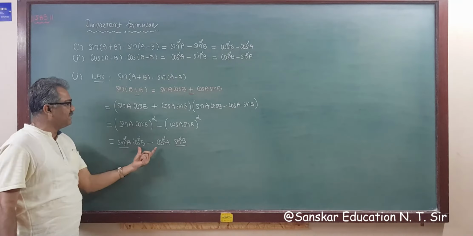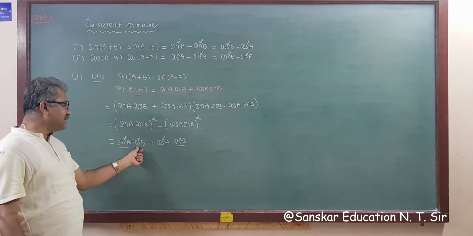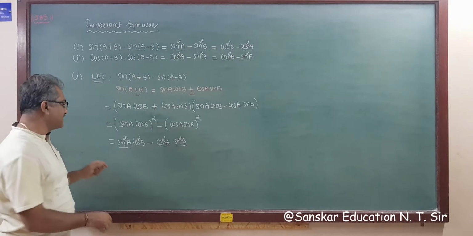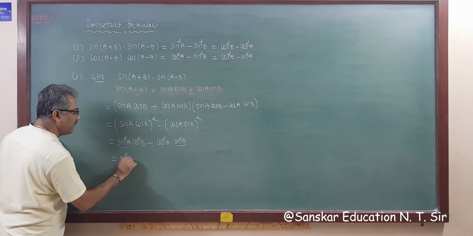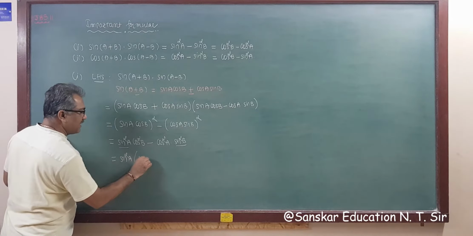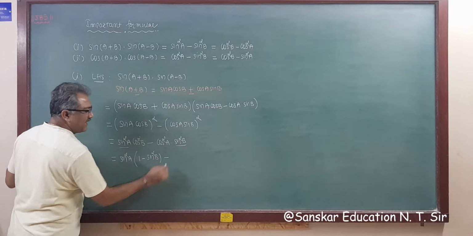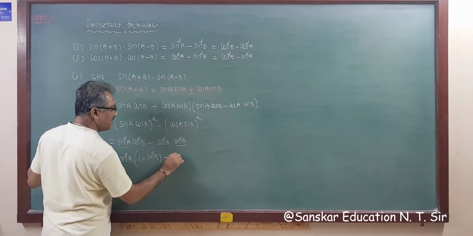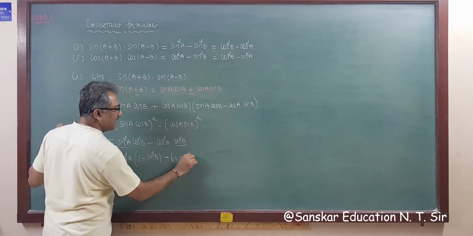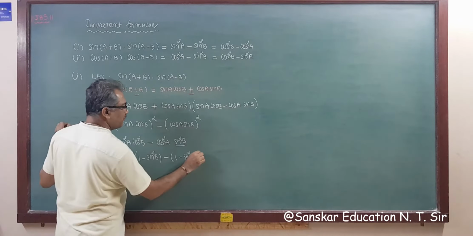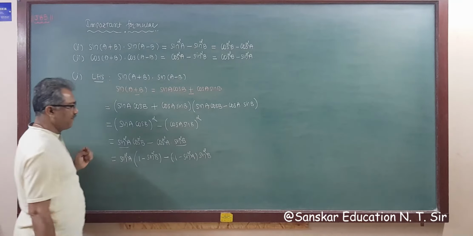So we don't need this cos²b and cos²a. So changing this cos² into 1 minus sin². So this is sin²a into (1 minus sin²b) minus (1 minus sin²a) into sin²b.